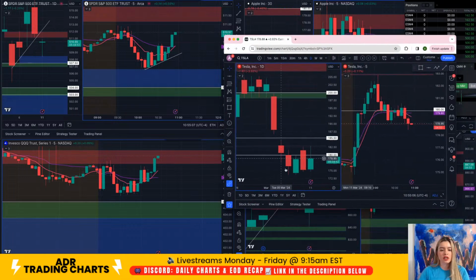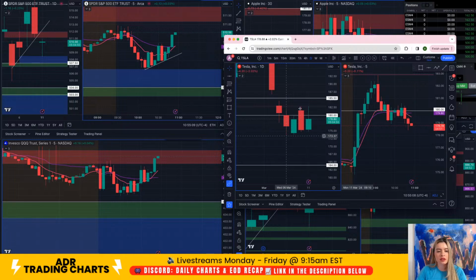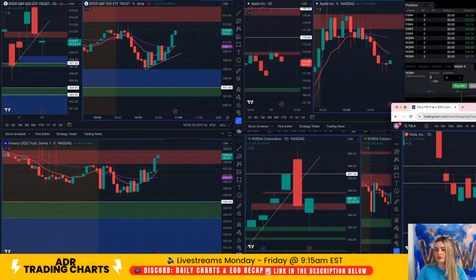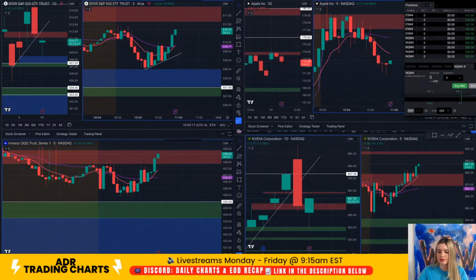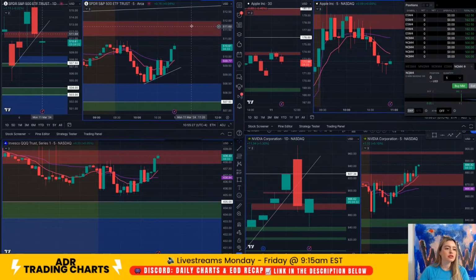I mean, there's nothing to trade here. Look at this, daily. There's nothing to trade here. If the Q breaks 512, that's bullish. I'm sorry, SPY. If SPY can break 512, that will be bullish.